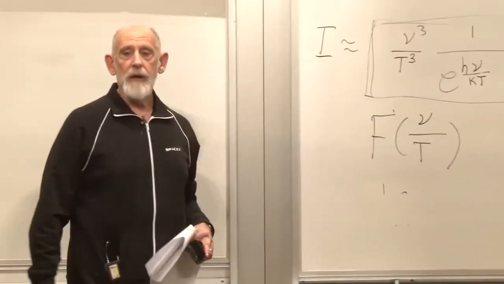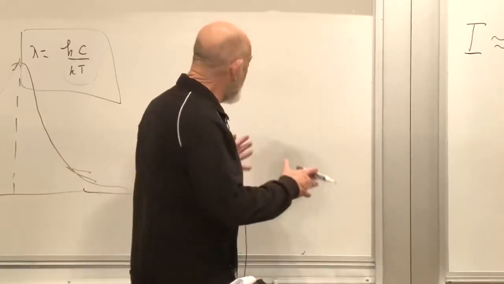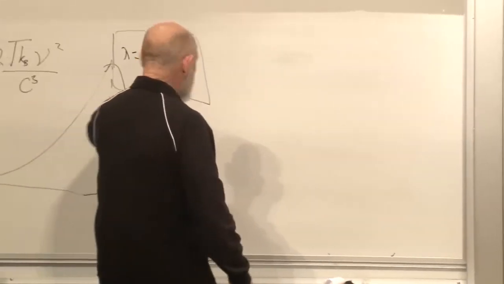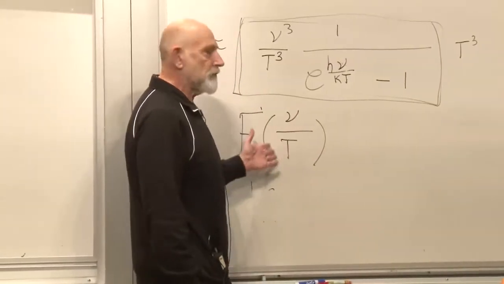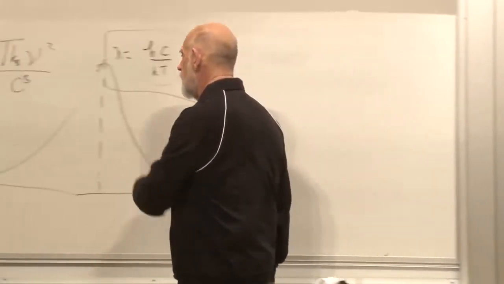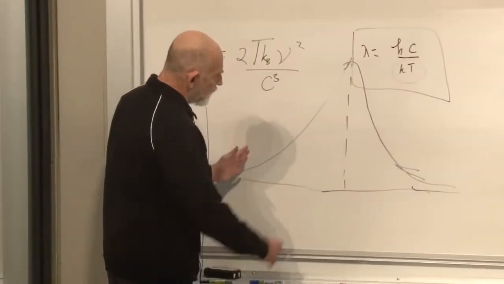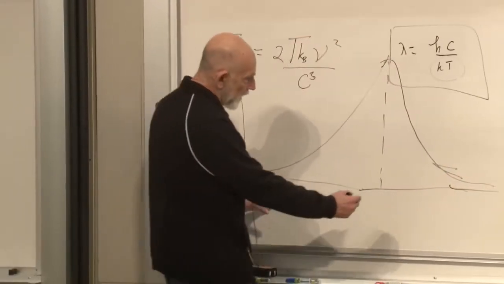That means that if I change the temperature, all that happens is the curve rescales, the frequency rescales. For example, supposing I change the temperature by a factor of 2. What happens to this curve?